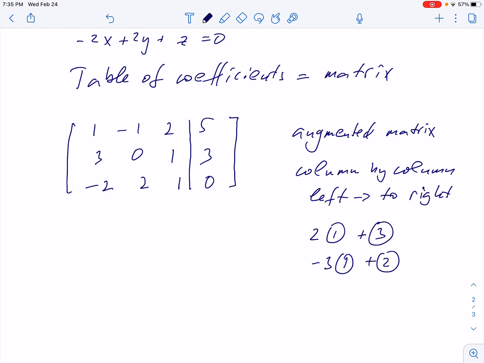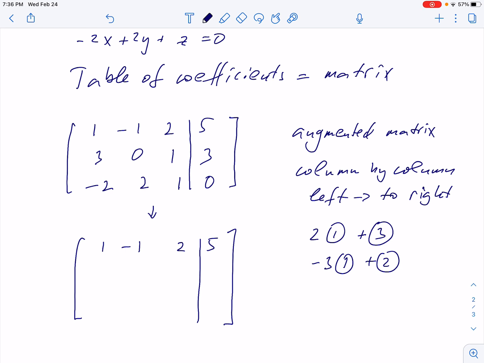Here the result I'm writing below. I can indicate the new position with an arrow, not an equals sign, because we are changing this table of coefficients. There is no equal sign. The first row we are not changing. It stays the same. But now the second will be changed. Remember, the first we multiply by -3, add to the second.